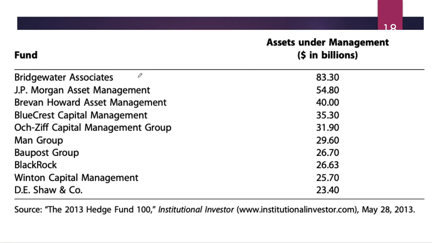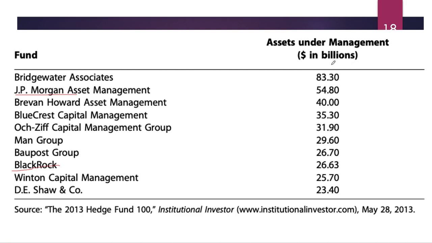He's a very well-known, famous founder of Bridgewater Associates, which is a hedge fund. And then there are other funds. Some of them you might also know very well, such as BlackRock, which is very famous. Of course, you might know JP Morgan Asset Management, and then there are many others.